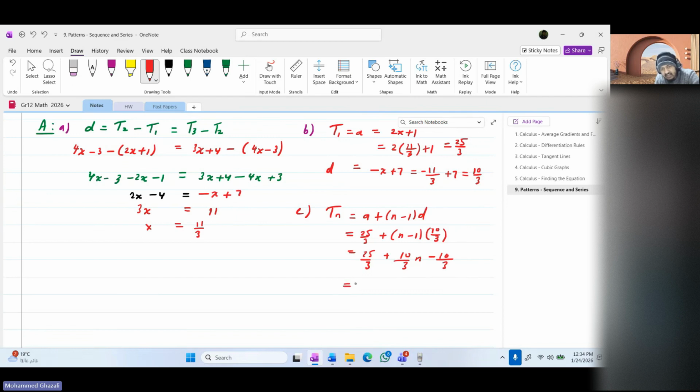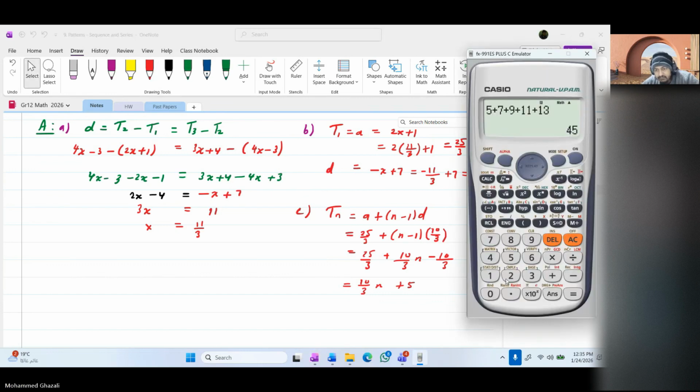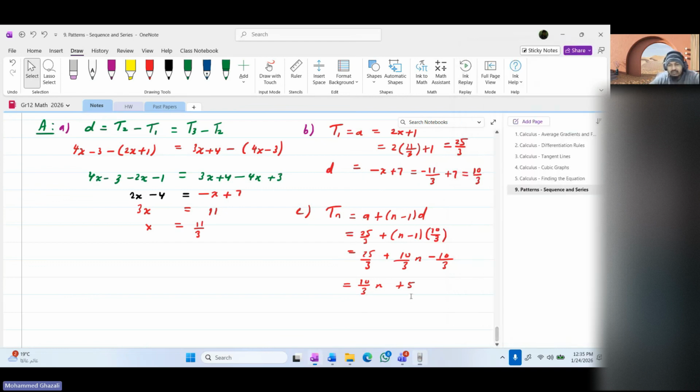So I've got 10 over 3 n, and then 25 minus 10 is 15 over 3, which is plus 5. I'm using my calculator here: 25 over 3 minus 10 over 3, I'm getting 5. So Tn is 10 over 3 n plus 5.